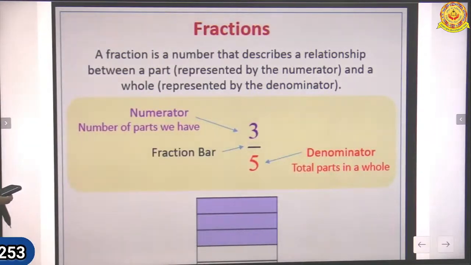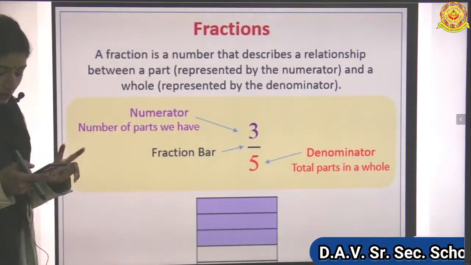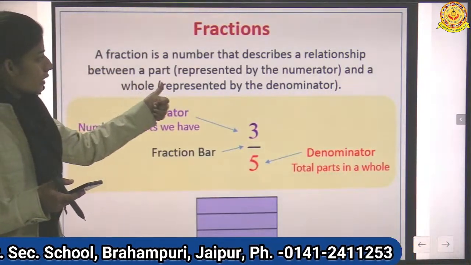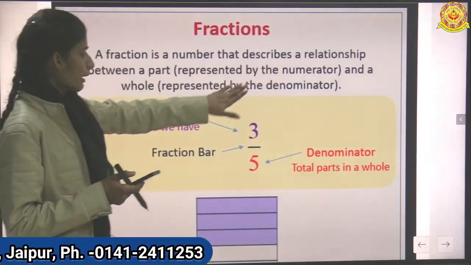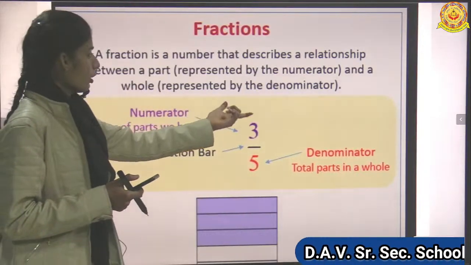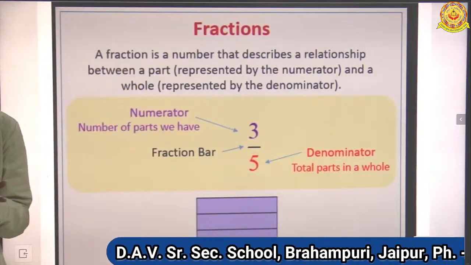A fraction comprises two numbers. The first one is represented by the numerator, that is a part of anything, and the second one is represented by the denominator, that means the whole.